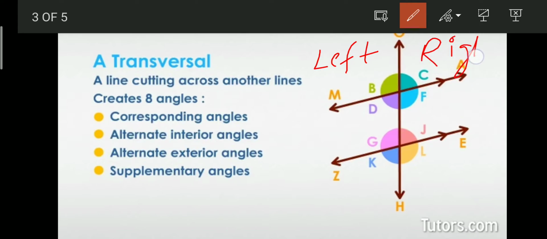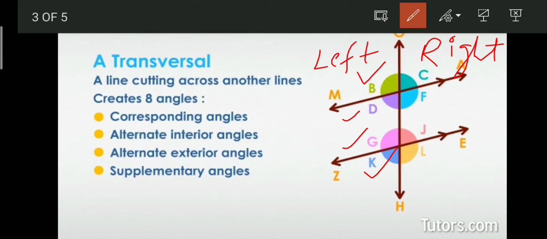In the left part we have 2 exterior angles and 2 interior angles. B and K are exterior angles on the left side of the transversal, and D and G are interior angles on the left side of the transversal.